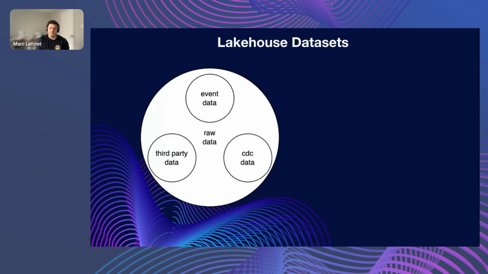Initially, our team was really focused on one class or bucket of data called raw data, which had three main subdivisions: event data, CDC or change data capture data, and third-party data from, maybe, HubSpot or something like that that we want to ingest into our warehouse.